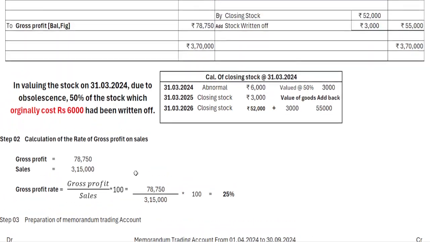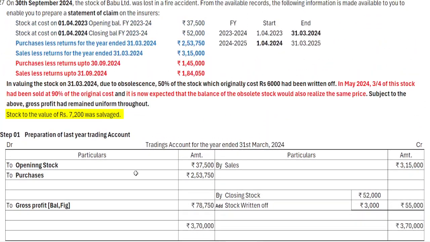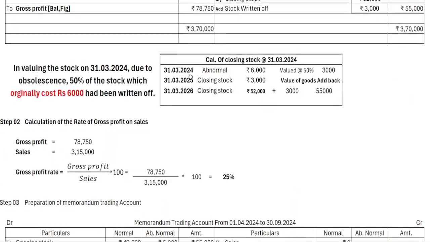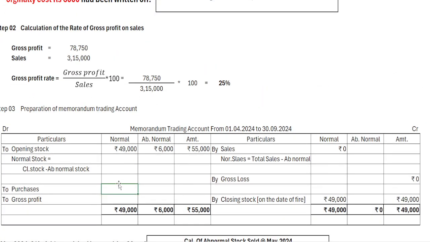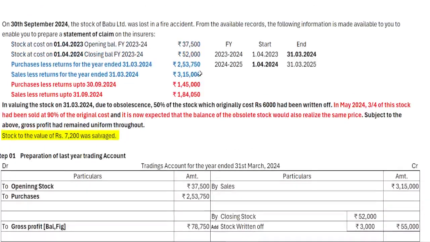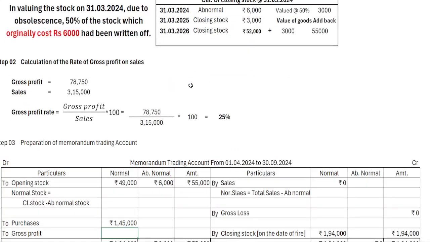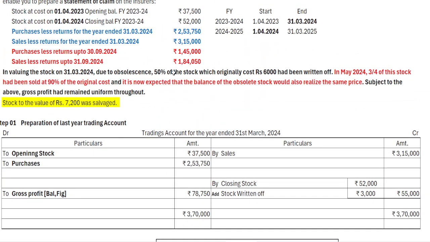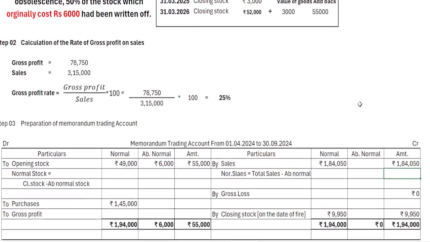Then purchases till the date of fire is 1,45,000. Sales is 1,84,050.